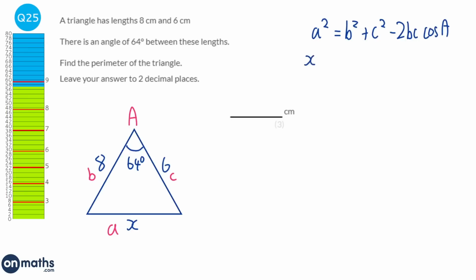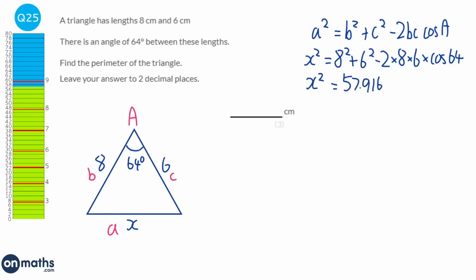So that would be x squared equals 8 squared plus 6 squared minus 2 times 8 times 6 times cos 64. And that will be x squared equals 57.916... and we just need to solve this by square rooting both sides.